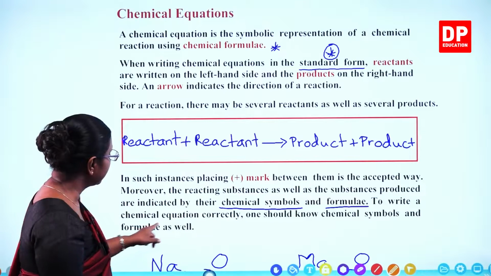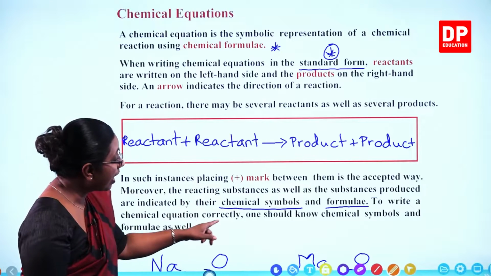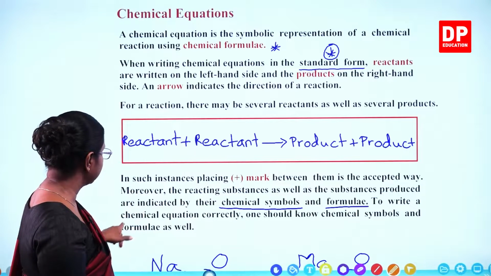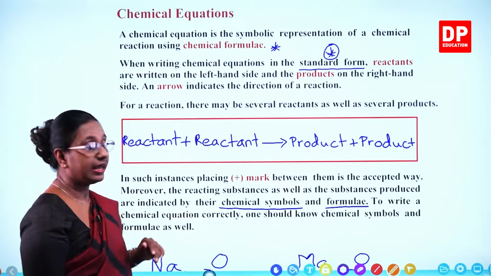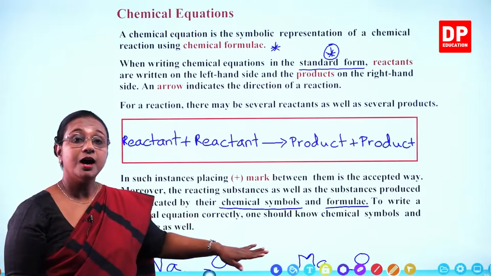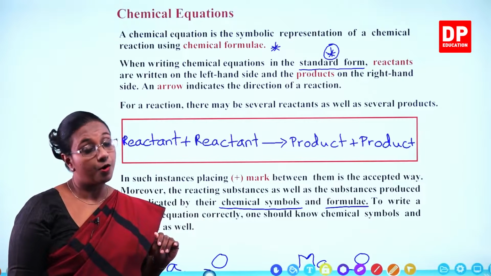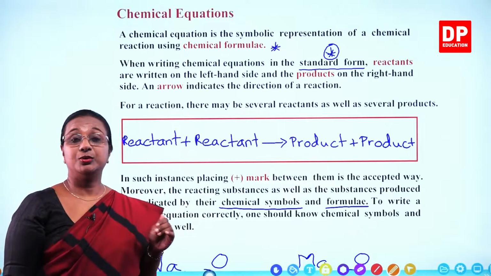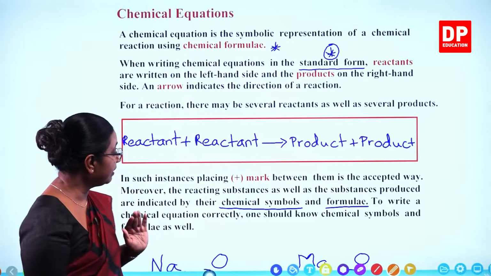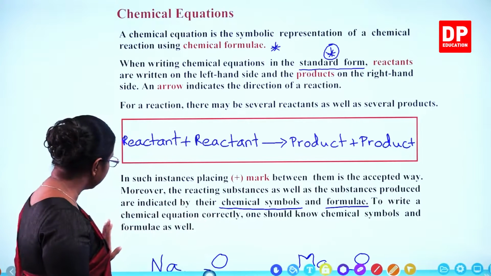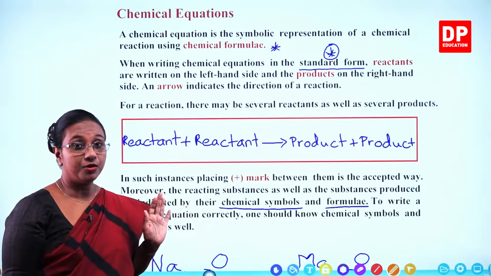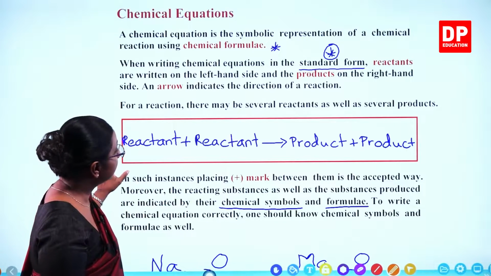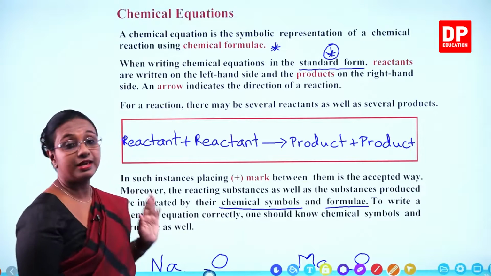To write a chemical equation correctly, one should know chemical symbols and formulae as well. So, here I have already shown you all how to write chemical formulae, just to recall what you have already learned. So, you should be familiar with chemical symbols and the chemical formulae. Is that clear to you all? So, this is just the representation of a reaction.